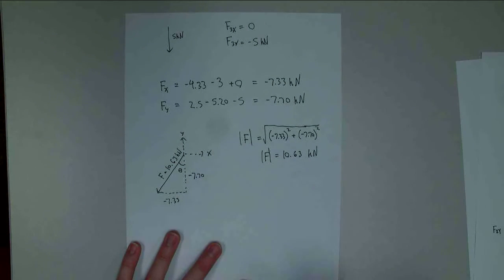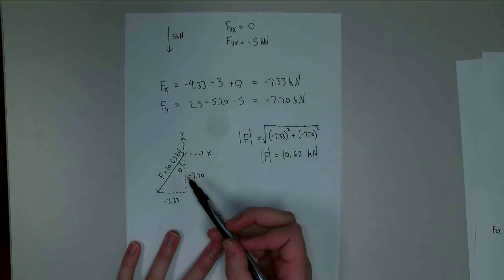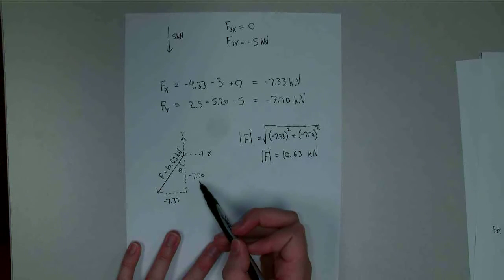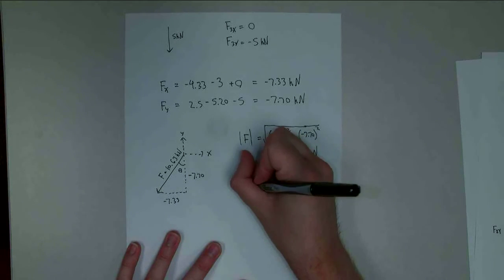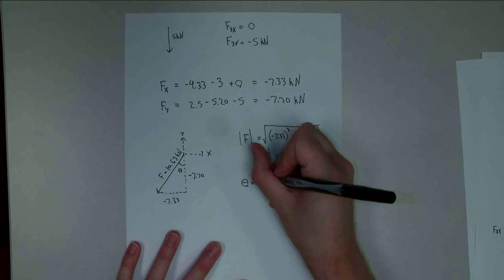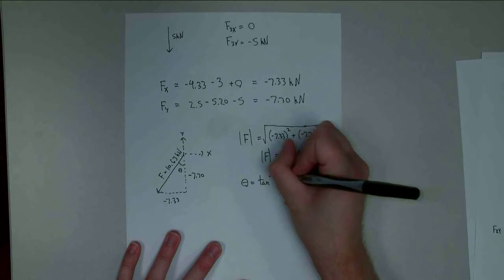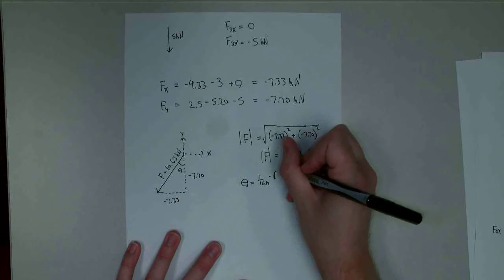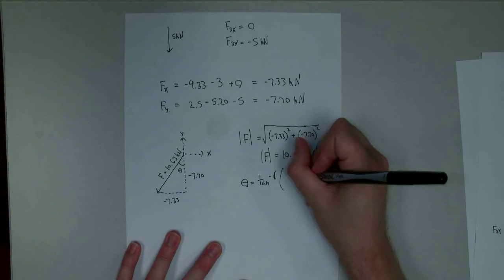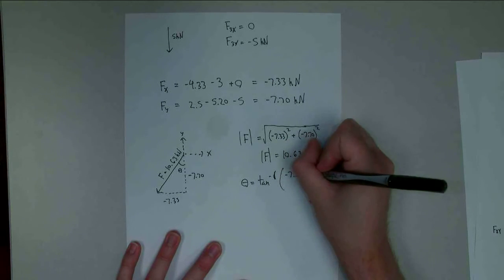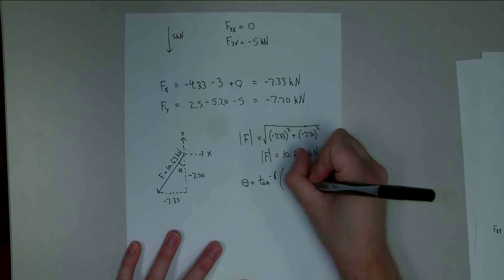Alright, to find theta, I'm going to use the tangent is equal to the opposite over the adjacent. So theta is equal to the inverse tangent of opposite over adjacent, negative 7.33 over negative 7.70.